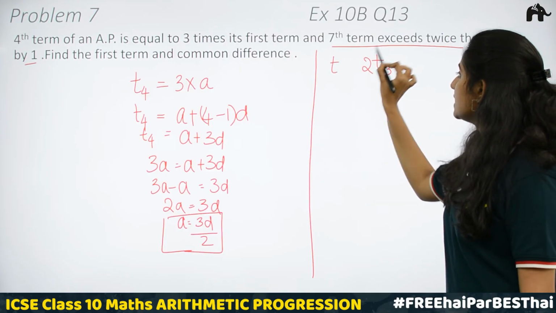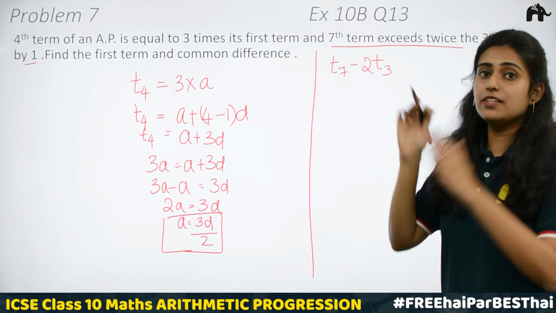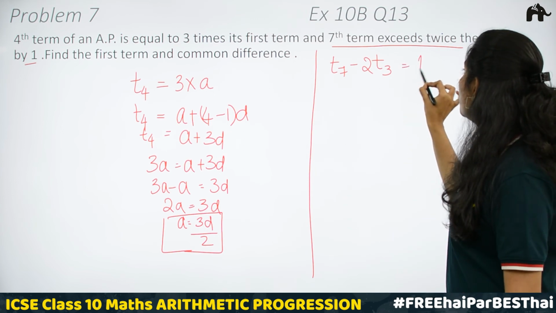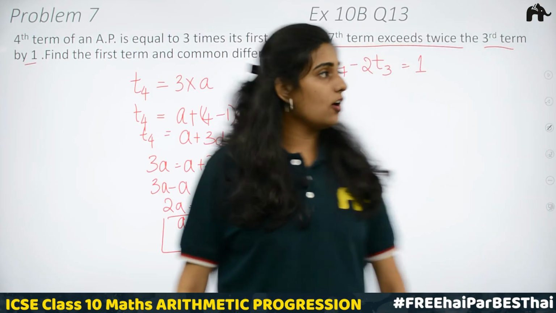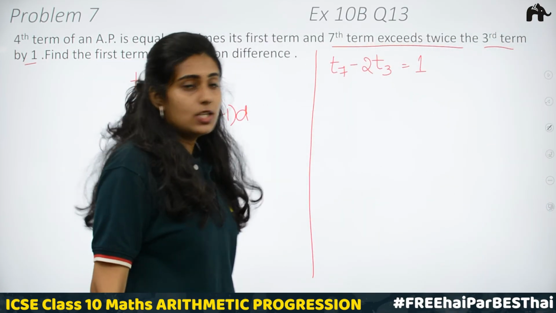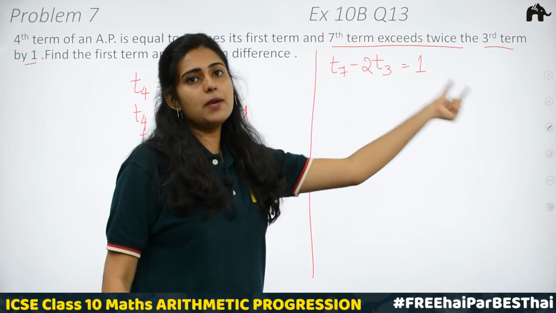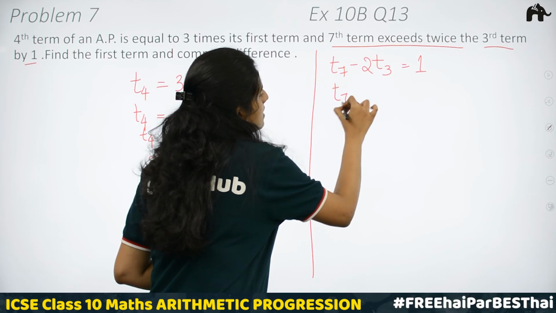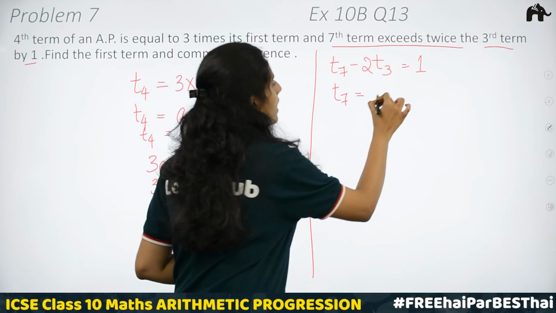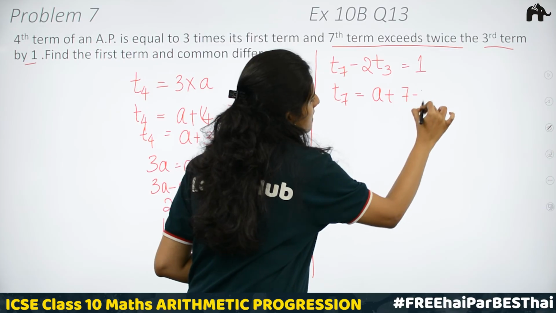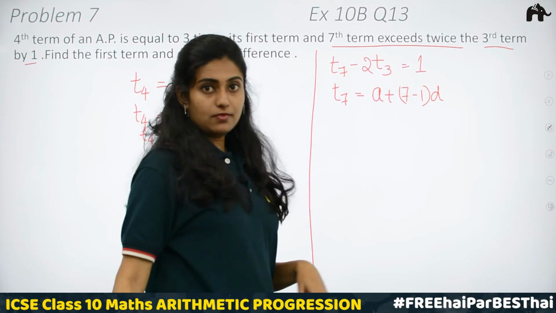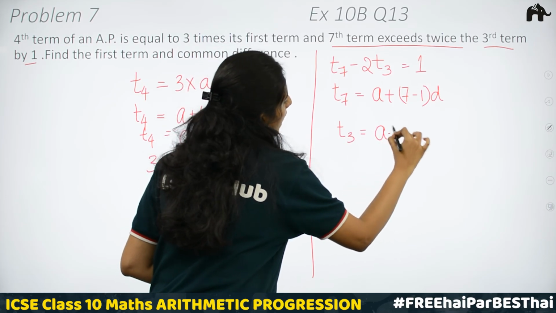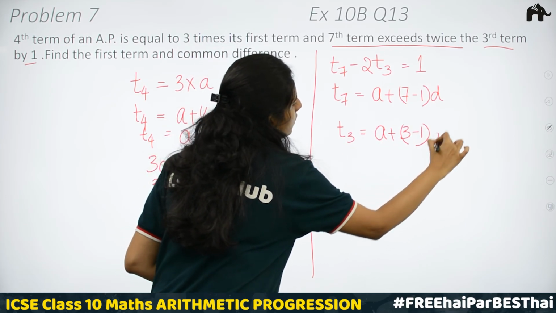Okay, we can write this as T7 minus 2 times 3rd term is equal to 1. Yes, or we can write this as T7 is equal to 2 times 3rd term plus 1. 7th term T7 is equal to a plus 7 minus 1 into d. 3rd term T3 is equal to a plus 3 minus 1 into d.